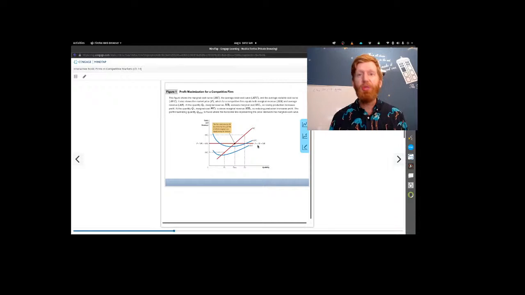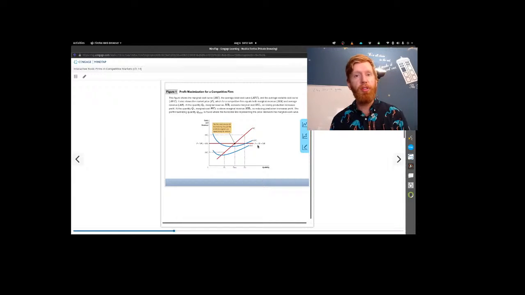Nothing crazy there. There are extra terms, and those extra terms matter when we get to the chapter 15 stuff on monopoly, but here, average revenue is equal to the price because however much we sell, we're selling at the going price. The marginal revenue says if I sell one more, I get an extra $50. And again, for perfectly competitive firms, it's all the same thing.